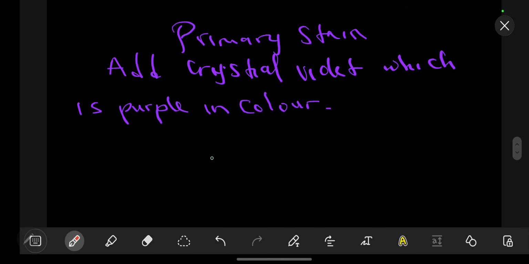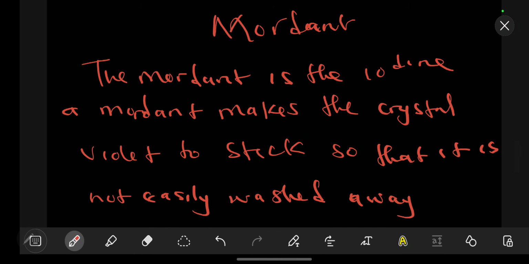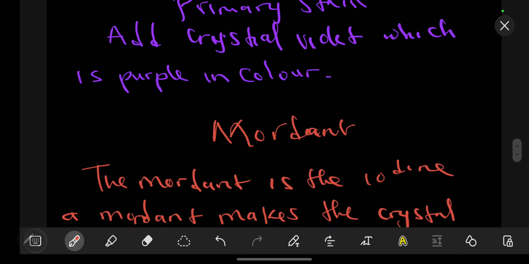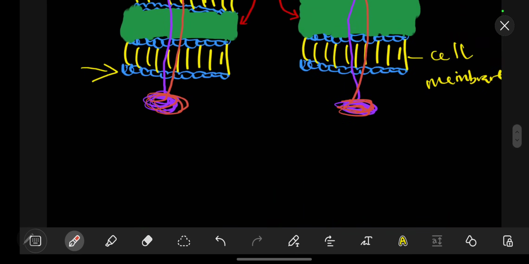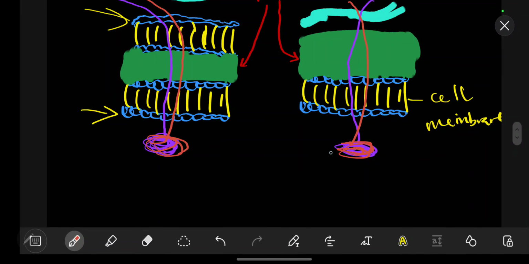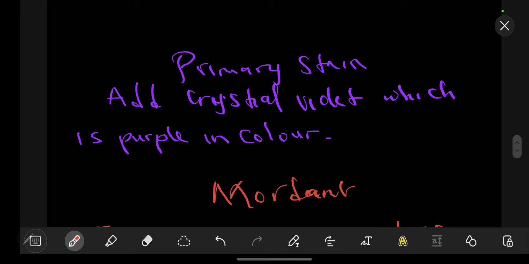The mordant is able to create a sticky substance. When the iodine is mixed with the crystal violet, it forms a complex in which the iodine acts as your mordant, which makes it stick so that it is not easily washed away.